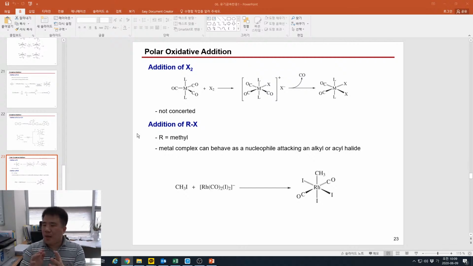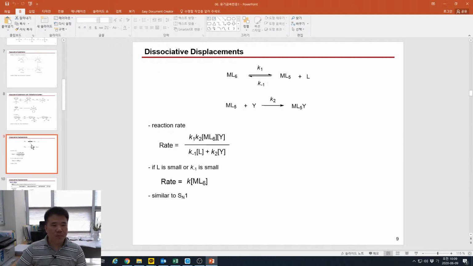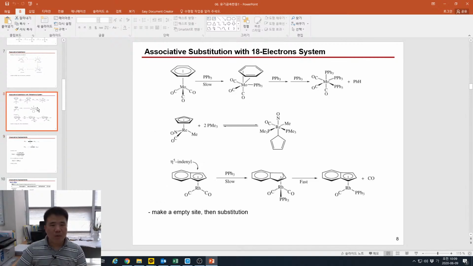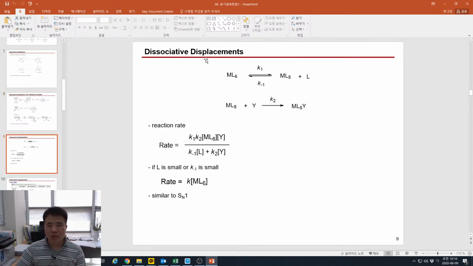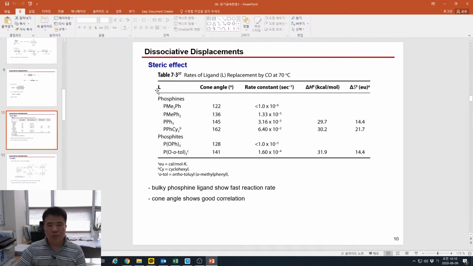Okay, so last time we talked about the reaction of ligands in transition metal complexes. So I want to review the last lecture. We talked about associative substitution and dissociative displacement, and then we also looked at the effect of the cone angle.